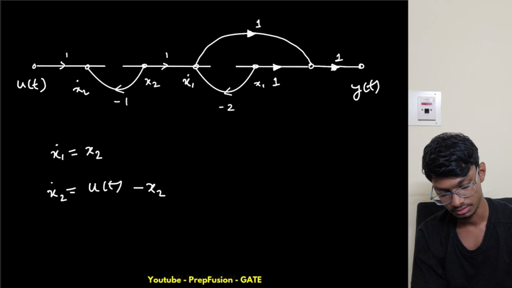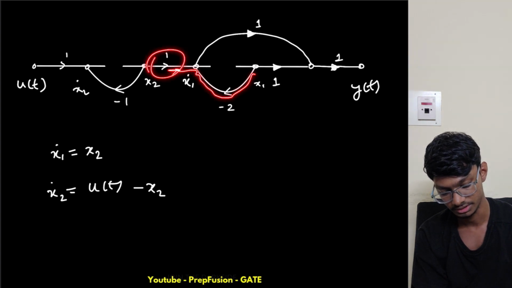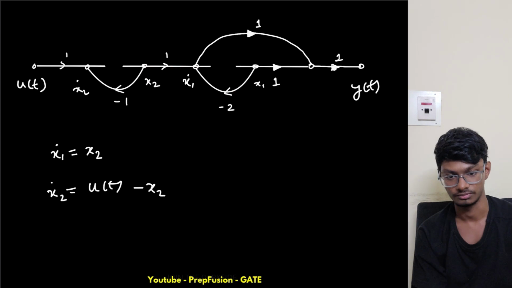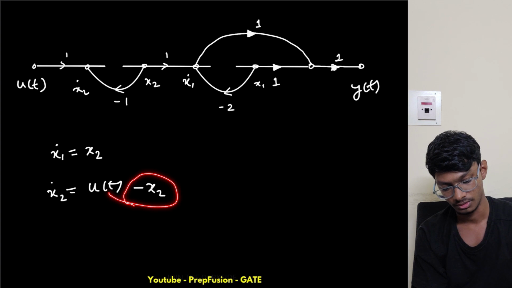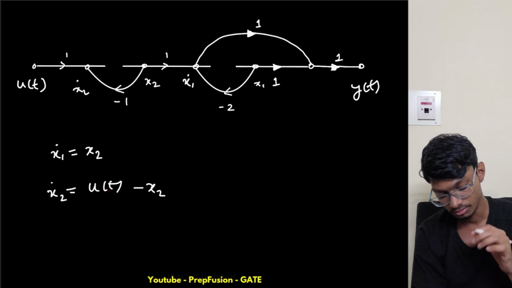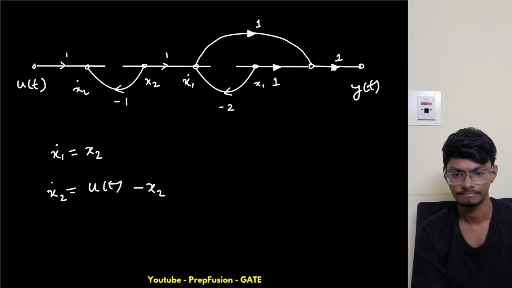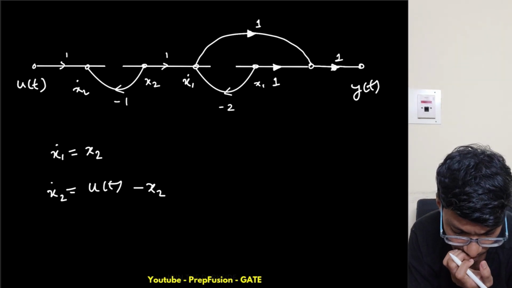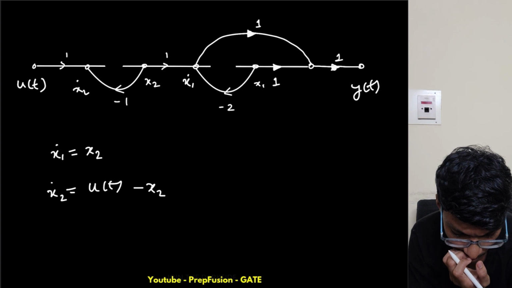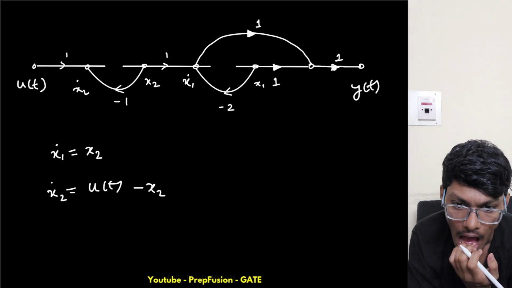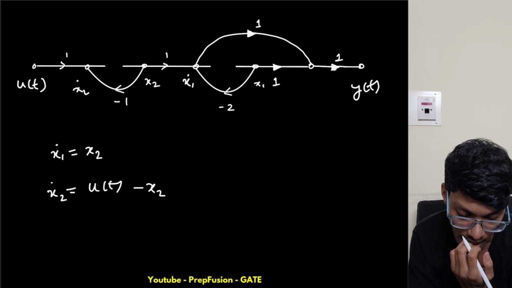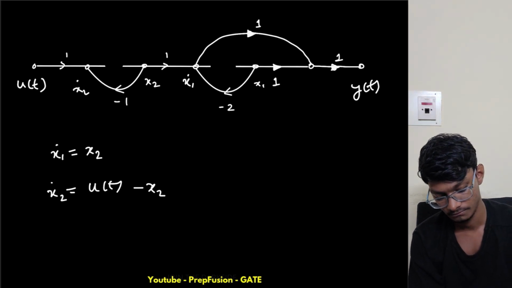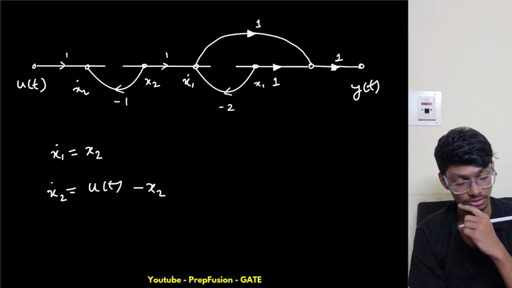So yeah, u of t is coming over here. Now x2 of t is also coming to the x2 dot, so this is minus x2, okay. And is x1 coming? No, x1 can't come, right? This is against the flow, so x1 can't come. So we have only this minus x2, right?